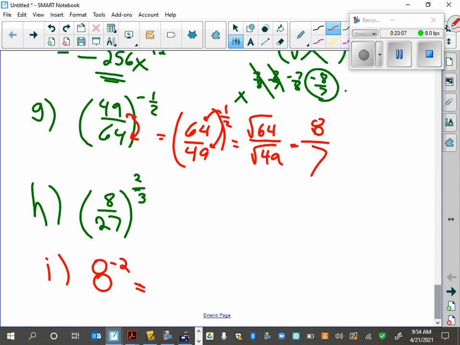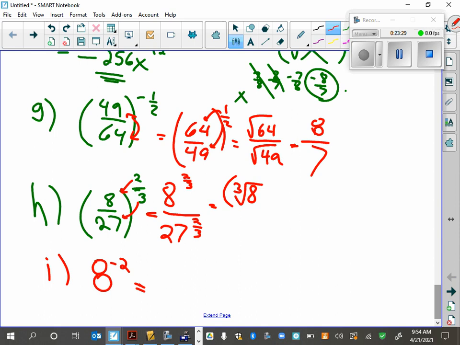This one, you don't flip. You just put the exponent of 2/3 on the top and on the 27 in the denominator. And then you have to remember, does that mean square root or cubic root? That means cubic root. So I'll do the top one for you.